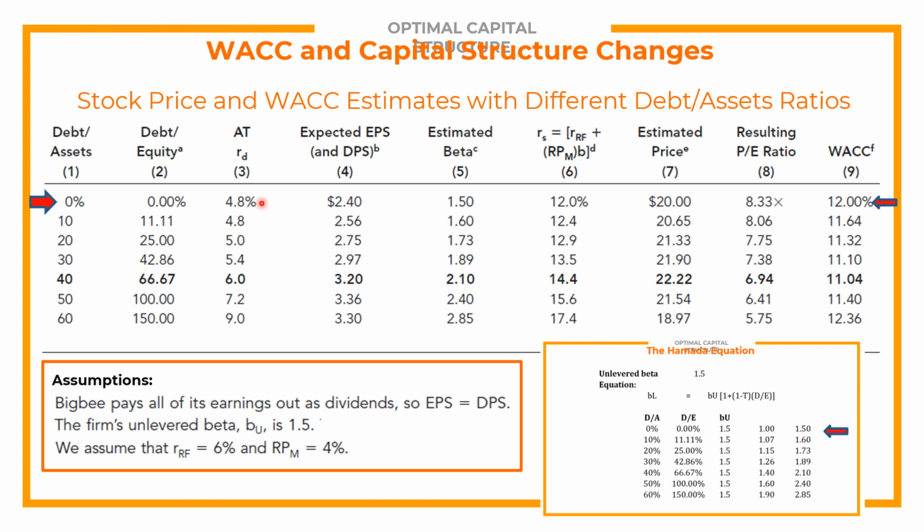So next we will compute the expected earnings per share, and that would be equal to our dividends per share. So a while ago we have computed that our EBIT would be 40,000. Okay, our EBIT would be 40,000.